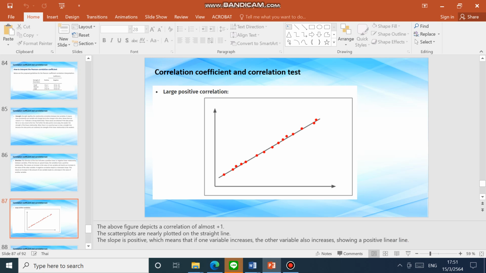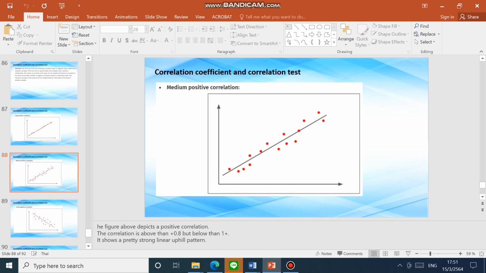It is not difficult to identify the line graph that represents the scatter plots, and the slope is positive. It means that if x increases, y also increases. So it shows a positive linear line.